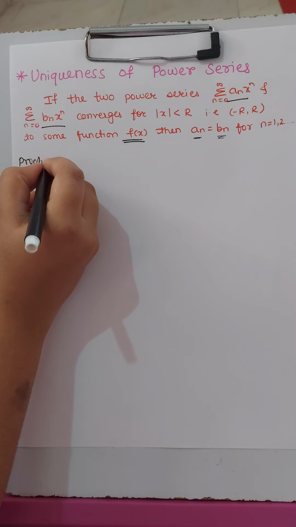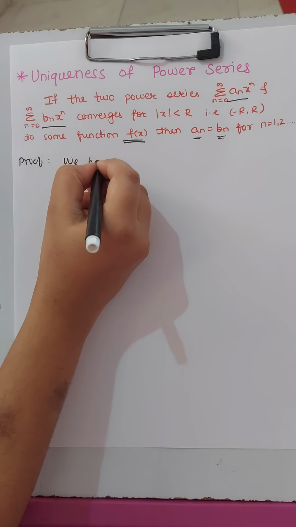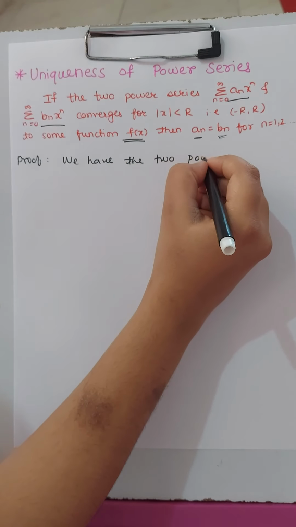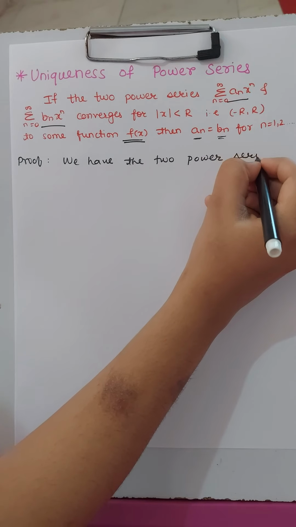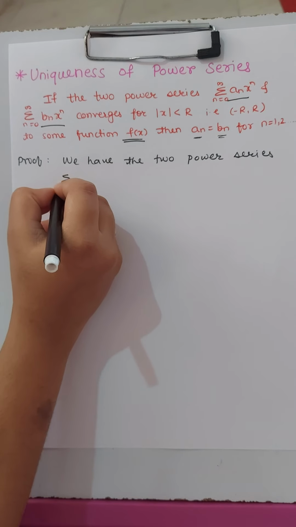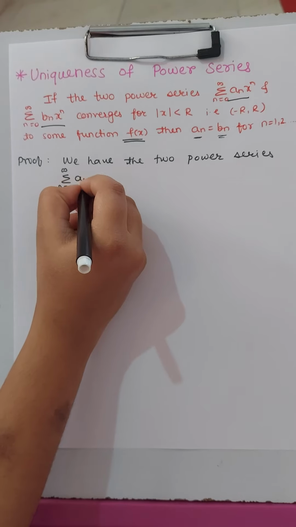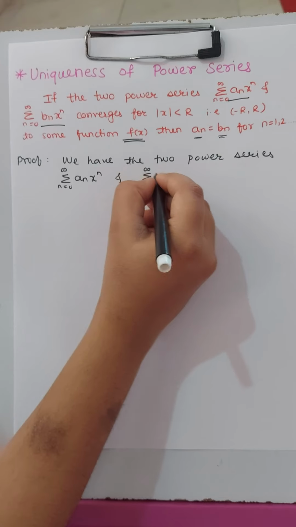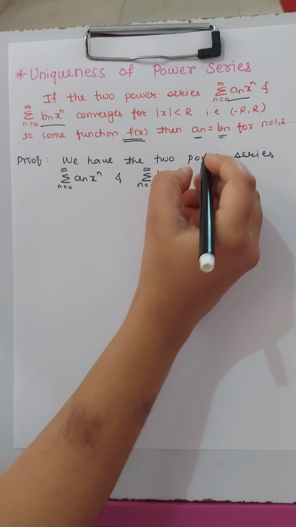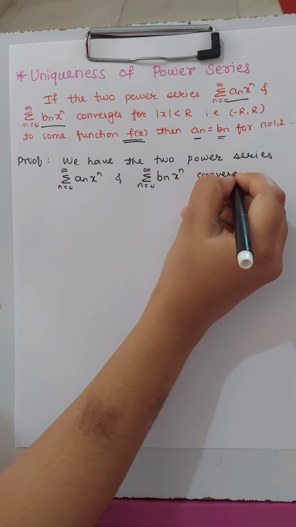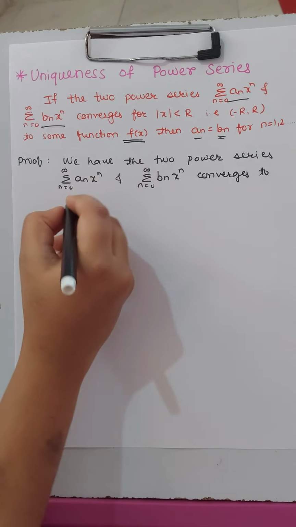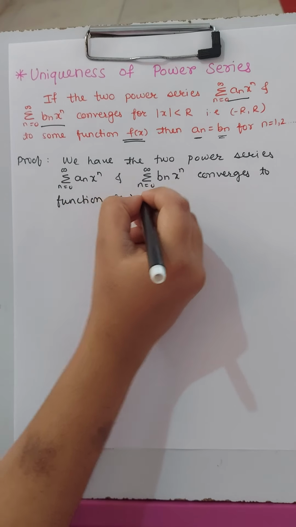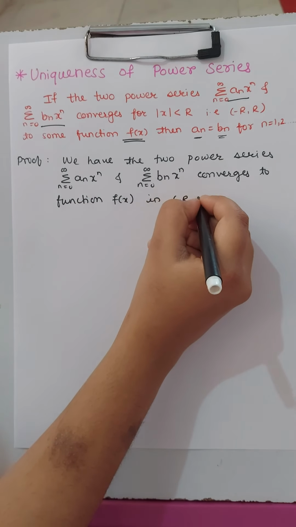So proof. Here we have the two power series, which are summation n from 0 to infinity an x to the power n, and the second one is summation n from 0 to infinity bn x to the power n, and both power series converge to the function f of x in the interval minus r to r.